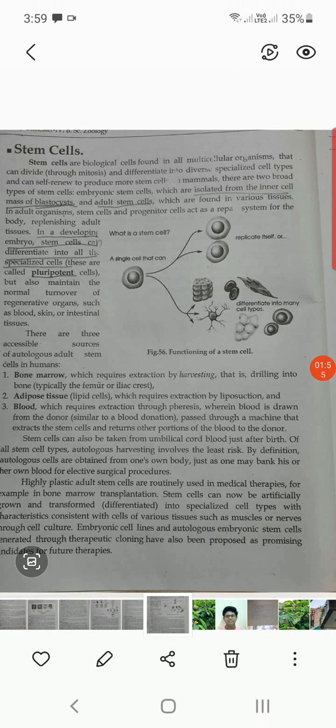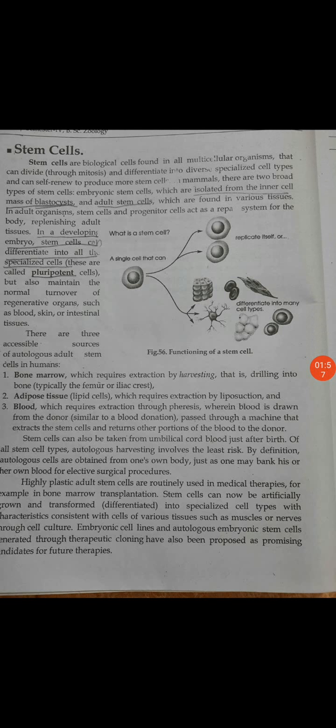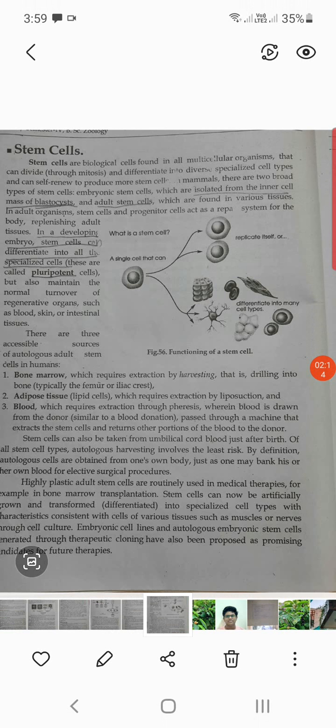So these stem cells nowadays are very important because in the developing embryo, stem cells differentiate into all specialized cells, and these cells are called pluripotent cells. So these cells in future are very useful to cure some diseases.